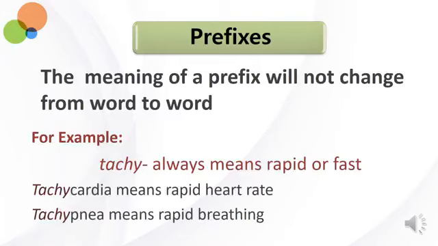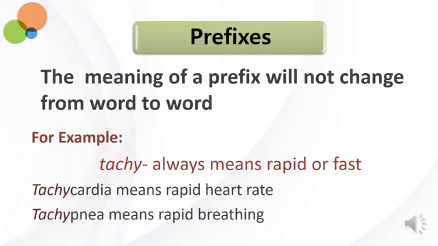For example, I have a prefix called tachy, and tachy always means rapid or fast. When I add this prefix to cardia, I have tachycardia, which means rapid heart rate.